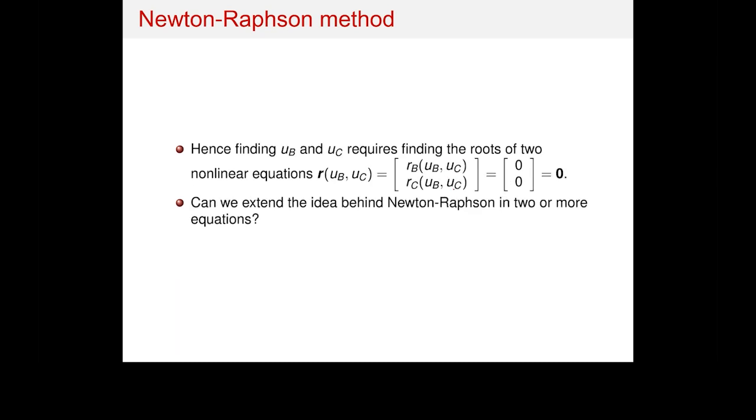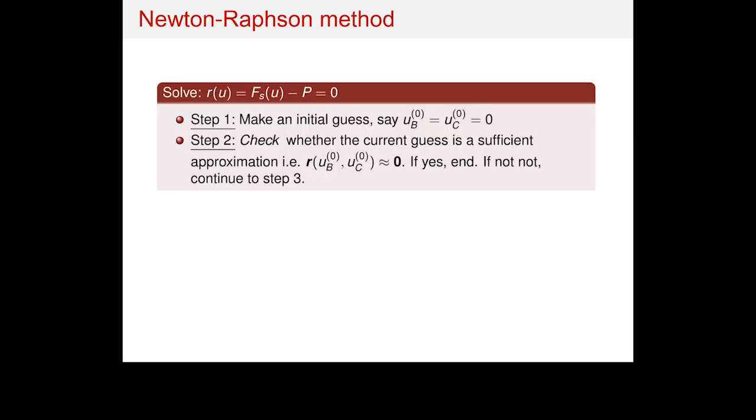And you try to make the residual functions equal to 0. So this is what you are solving with the Newton-Raphson in the nonlinear case. Again, you start from an initial guess. You assume that the displacements are equal to 0. You check the residual.